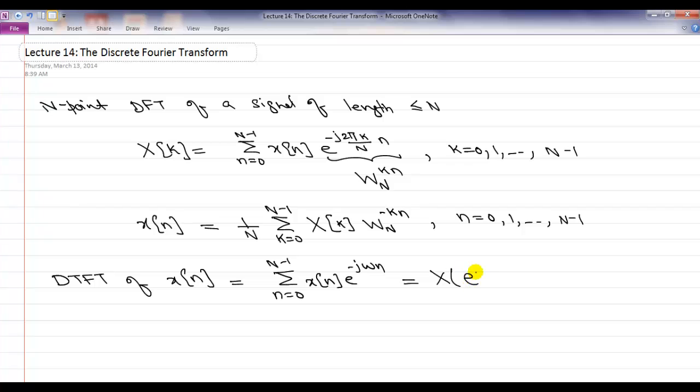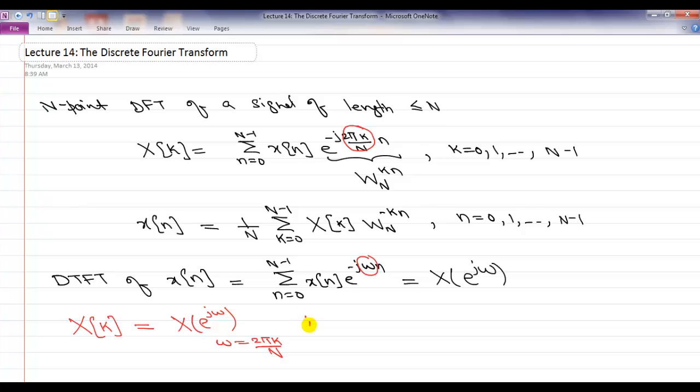So this is X of e to the j omega, and when we compared the expressions with X of k, we saw that all that is different is that little omega in the discrete time Fourier transform is replaced by 2 pi k over N. So what we learned was that the kth sample of the discrete Fourier transform is nothing but a sample of the discrete time Fourier transform at little omega equal to 2 pi k over N.